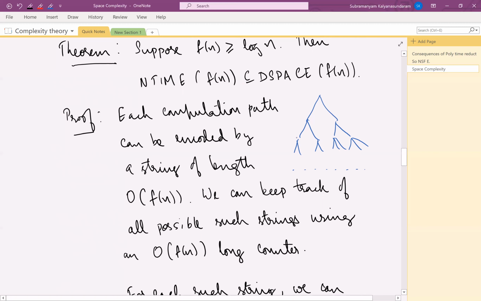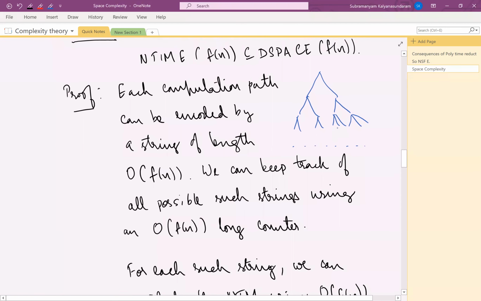We could just explore each path one by one, each path from the root to the leaf. Let us say the maximum branching at any point is, just for simplicity, 10. In that case, the number of leaves will be 10 to the power of the height of the tree.